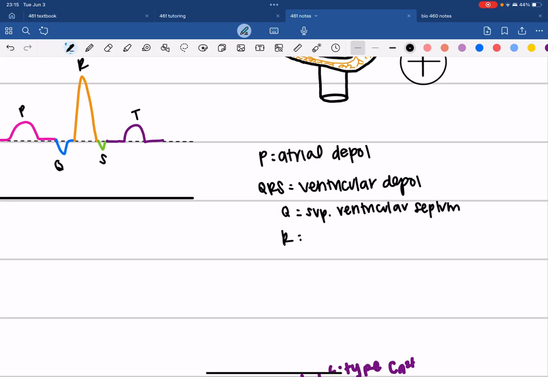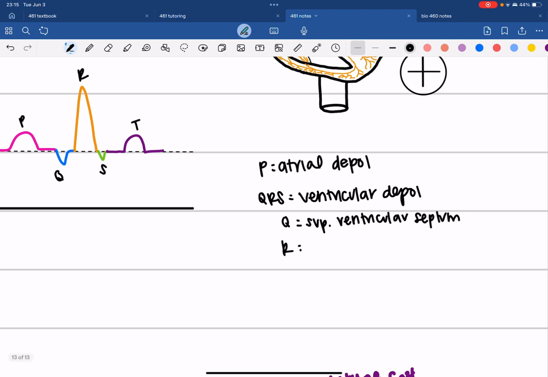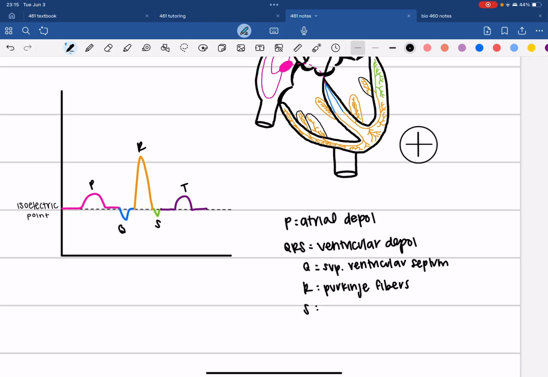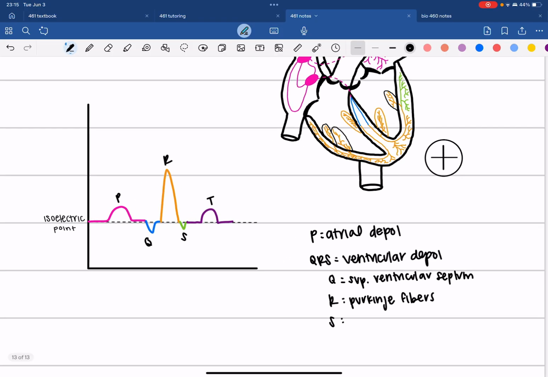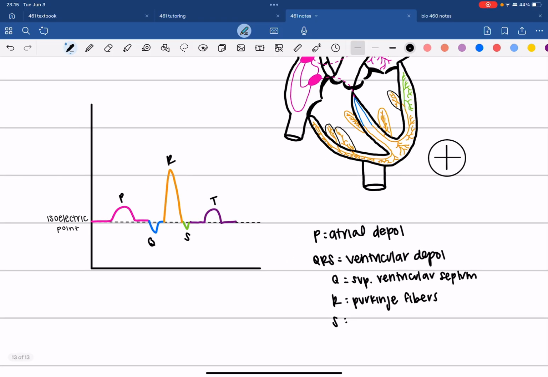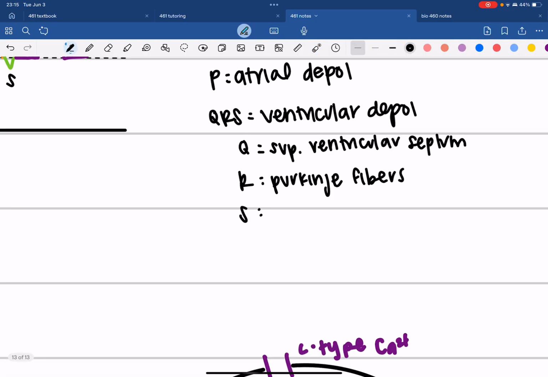The R wave represents more of the Purkinje fibers. And then the S wave represents the supralateral left section of the ventricle, this green section.